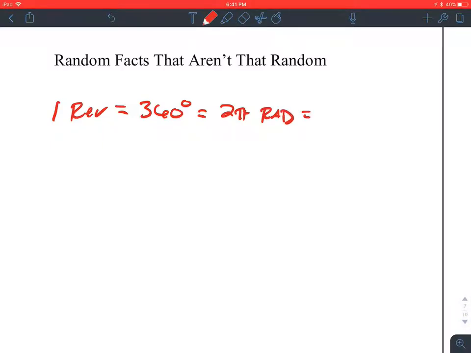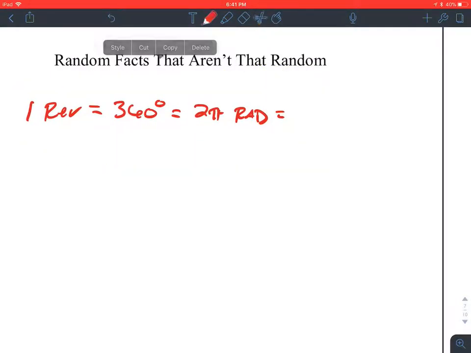It's this next one that people forget about, and when forgetting about it, gets you in lots of trouble. 1 revolution is also equal to the circumference of the circle. Circumference for a circle is just a fancy word for perimeter of the circle. To find the circumference, you multiply 2 times the radius times pi. Or, for circumference, you could multiply the diameter times pi, because the radius is half the diameter.